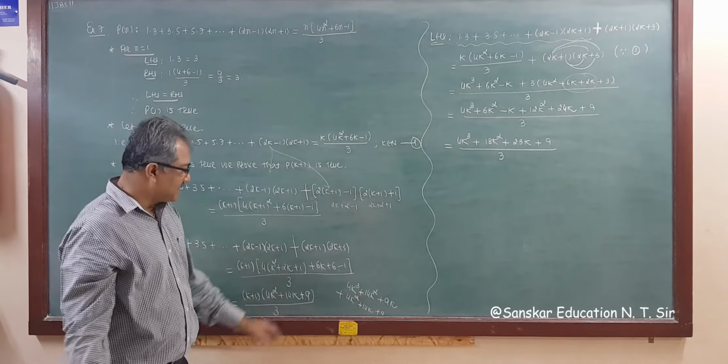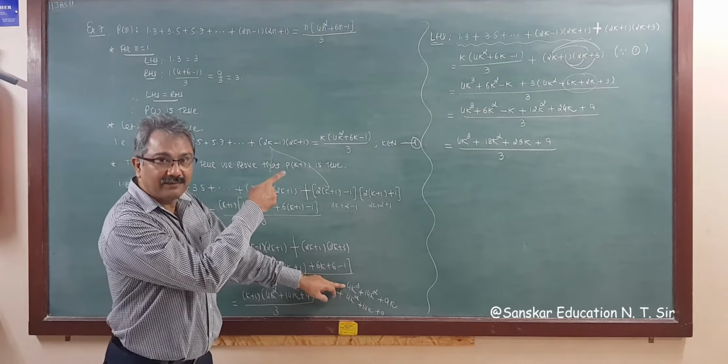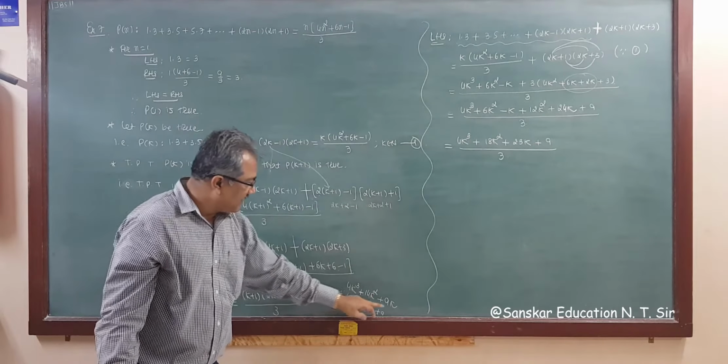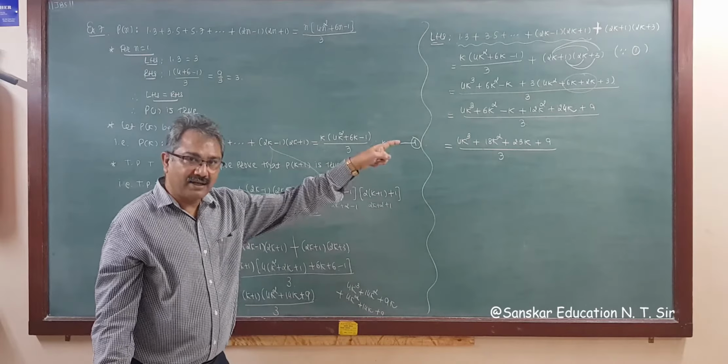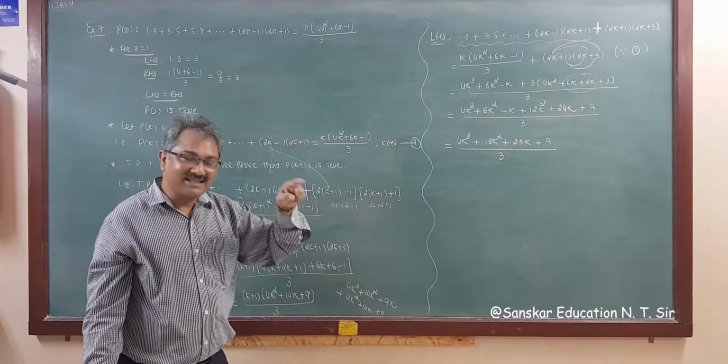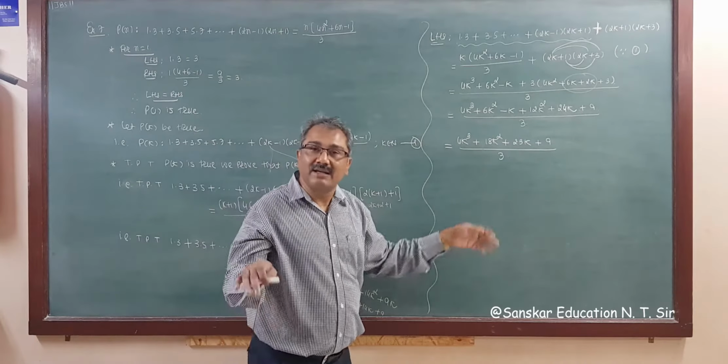I am not writing it. See, check here, 4k cube is there, right? Now 14 plus 4, 18k square, 14 plus 9, 23k, and plus 9 as it is, right? That means you will get your right hand side.